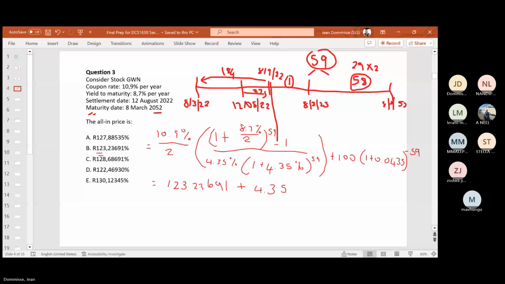which is basically looking at this period of 8 September 2022. So then when we do that, we get 128.68691, which is also going to be one of your answers.